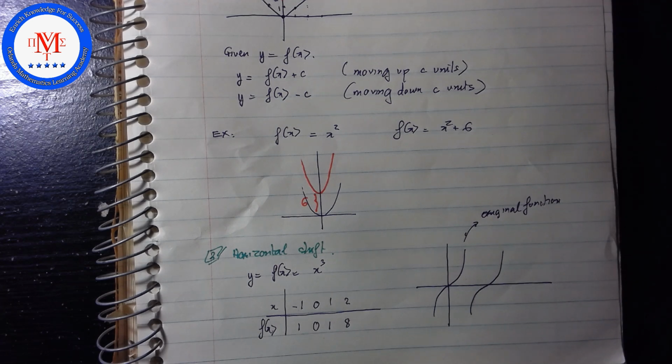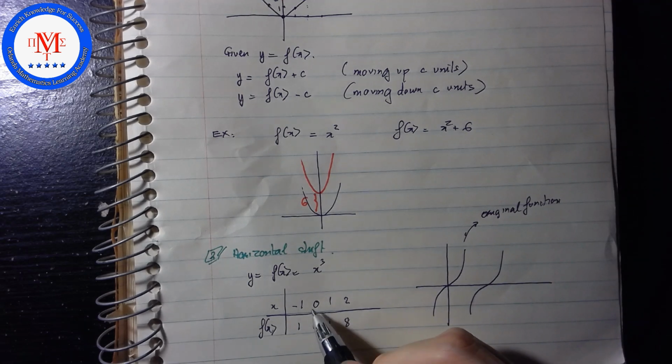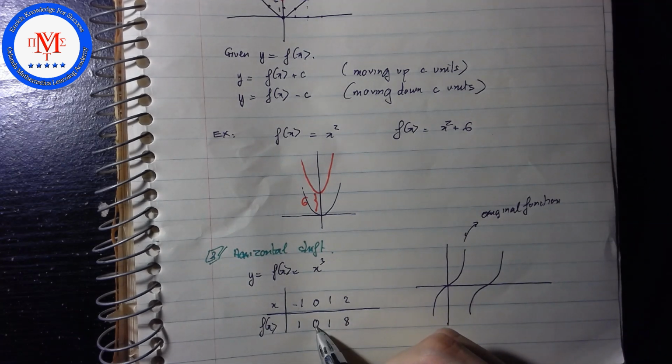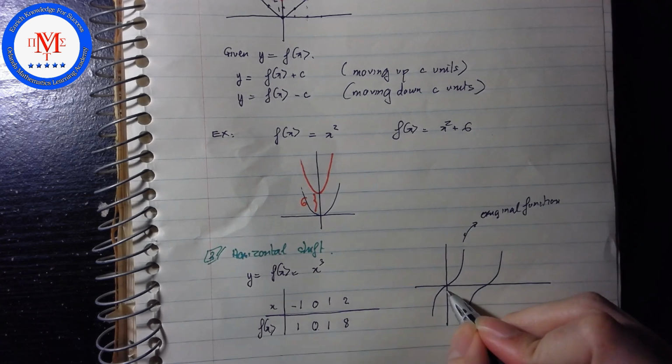We want to change the x. We want to keep all the y component, and we change the x component. So for example over here we want to move to the right 2 units. So instead of that 0, 3, we have 3, 0.